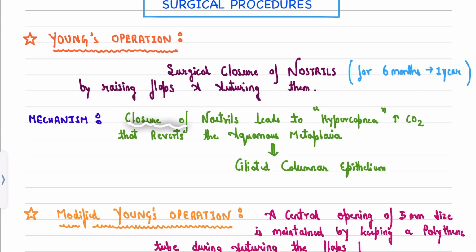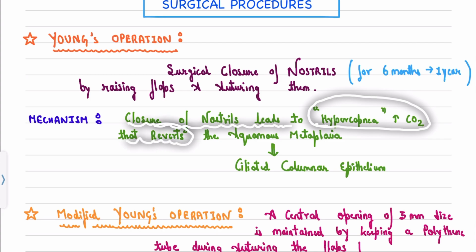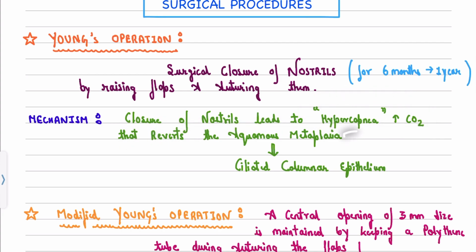Let's see the mechanism. We close the nostril to produce hypercapnia, increased CO2 concentration in the nasal cavity. This hypercapnia reverses the squamous metaplasia back to ciliated columnar epithelium. In atrophic rhinitis, ciliated columnar epithelium was changing into squamous epithelium, and this increased CO2 concentration because of Young's operation reverses this pathology back to normal.